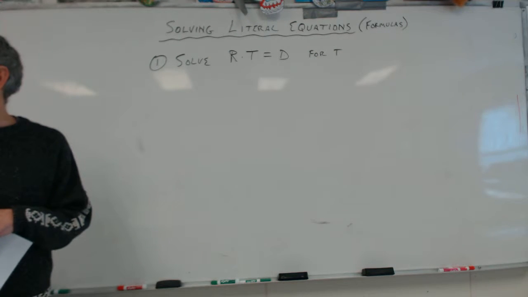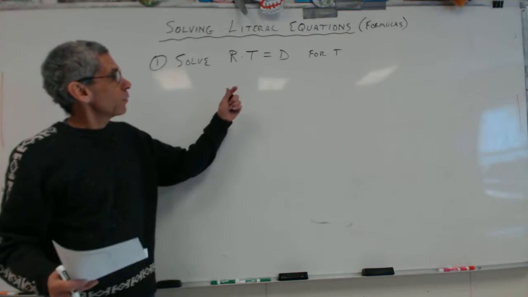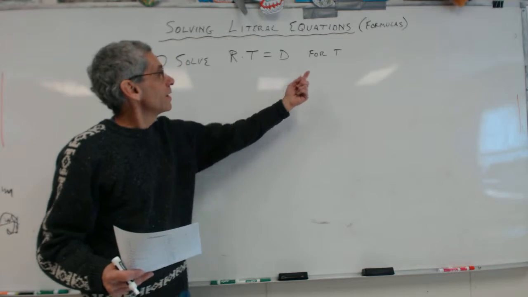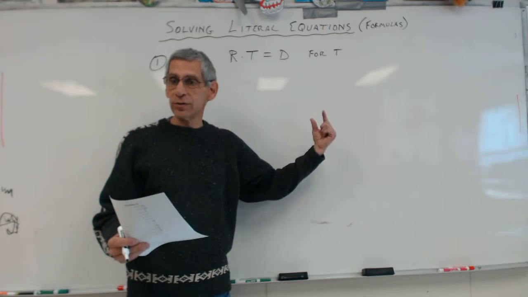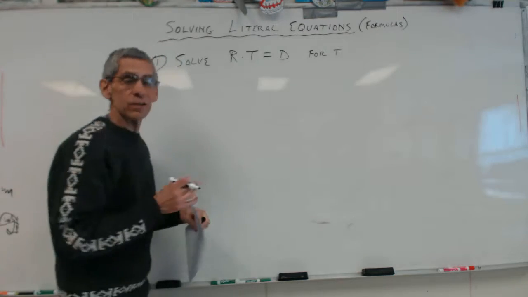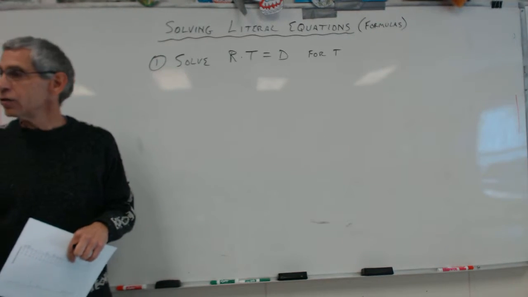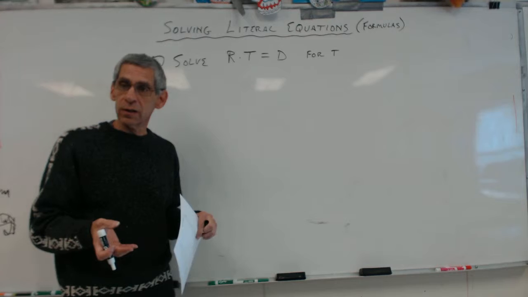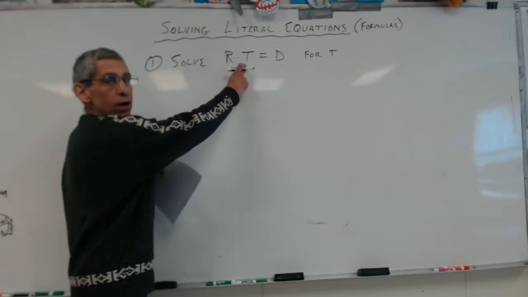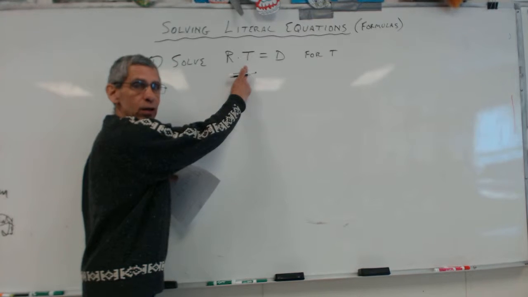When I say solve this for t, I want it to say t equals. You don't have numbers, just letters, so you still use algebra just like you would with numbers. What's in the way of t being all by itself?